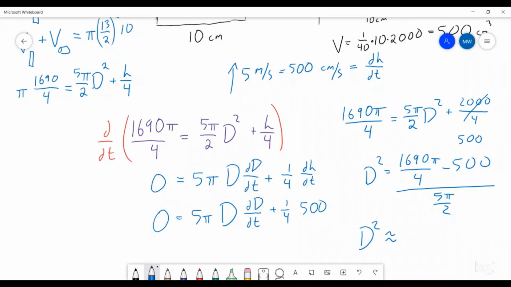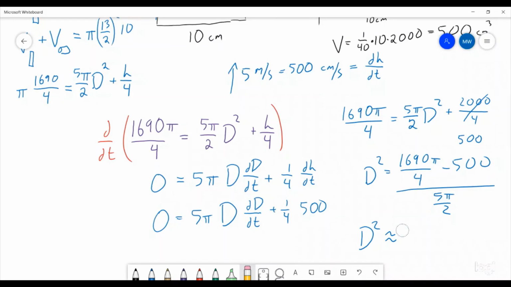So let's see, here we go. 1690 times pi divided by 4 minus 500, so that is 827.3, divided by 5 pi over 2.